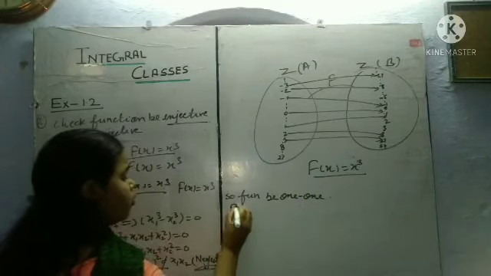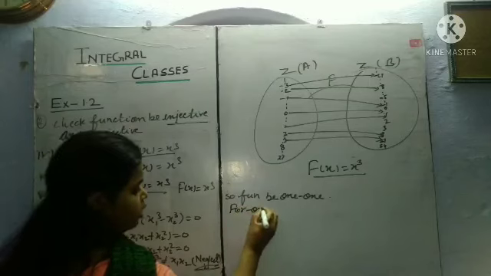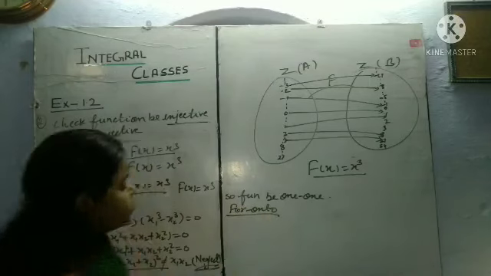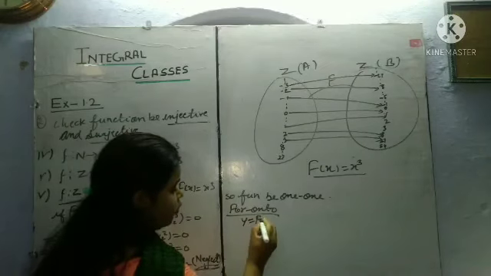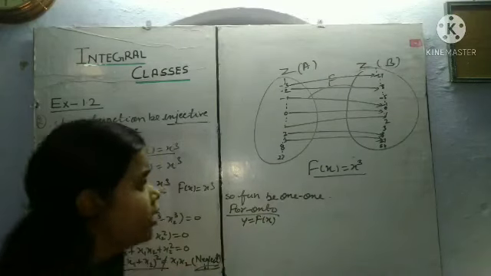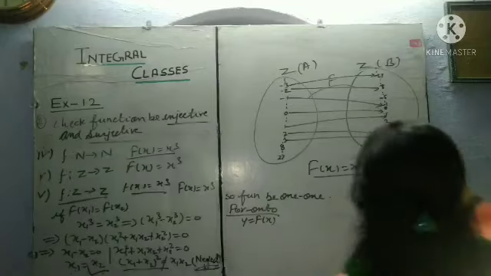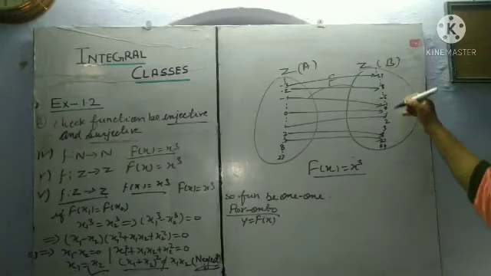Now for onto. Now for onto, student, we will consider the codomain y equal to f(x). As we observe here in the mapping, many numbers are left.